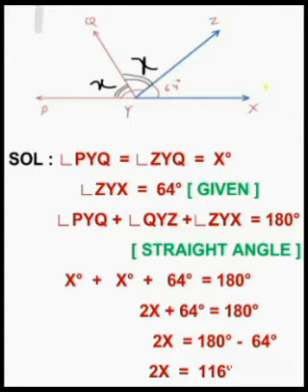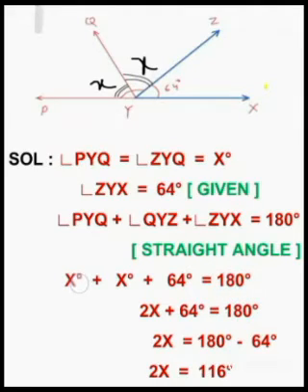Once again, look at the figure. Angle PYQ plus angle QYZ plus angle ZYX is equal to 180 degrees. Straight angle, isn't it? So, PYQ how much we considered? x degrees plus QYZ also x degrees plus ZYX is 64 degrees which is equal to 180 degrees.